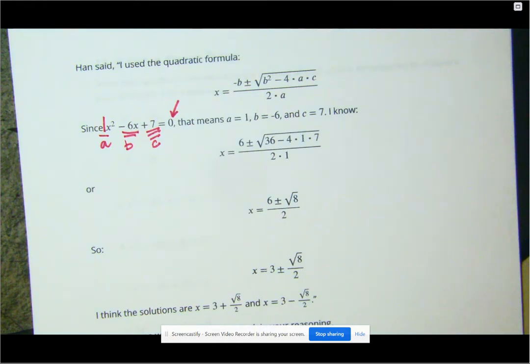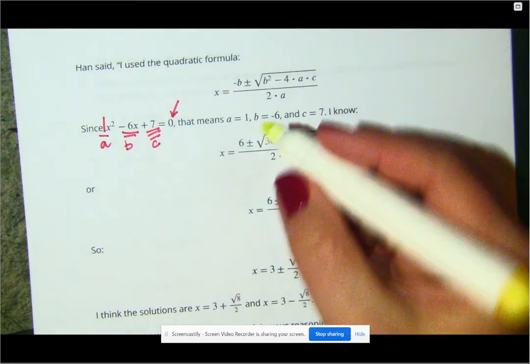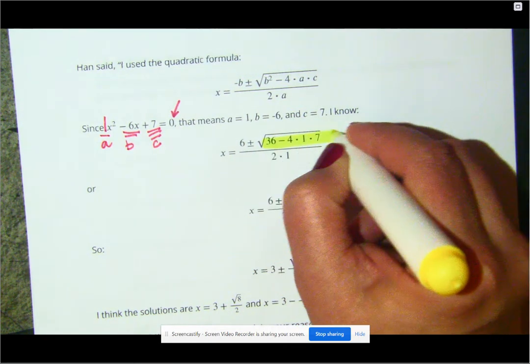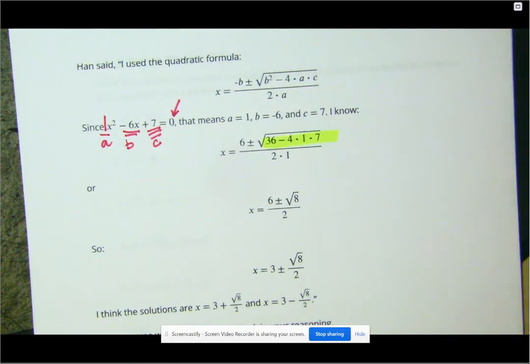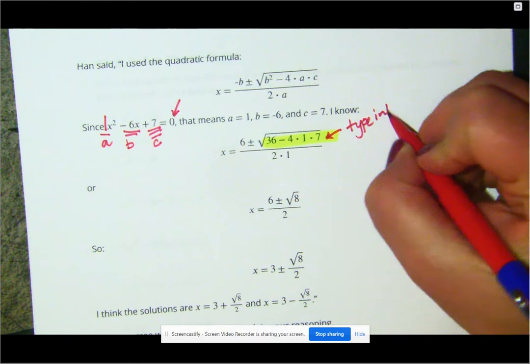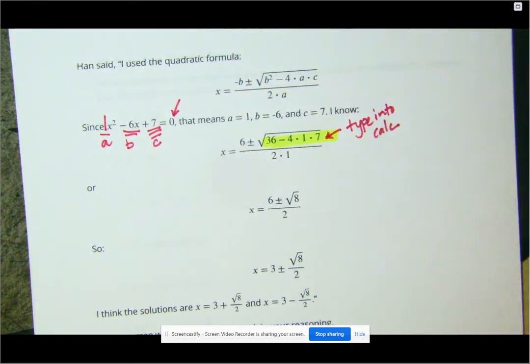Now, here's where students go wrong, and I'm going to tell you what I think is the easiest thing to do. You're going to now type this stuff right here into your calculator. Don't type the square root, just the numbers under it. Right?